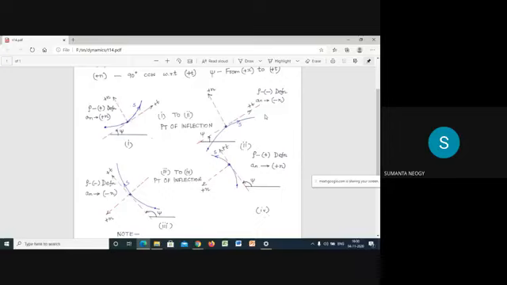Rho is ds d psi. If S increases when psi increases, rho will be positive. That is what you have done in your earlier understanding of calculus in class 2. Here, if you go from this to this direction, S increases. If S increases, do you see psi increases? Yes, psi increases. So rho is positive.